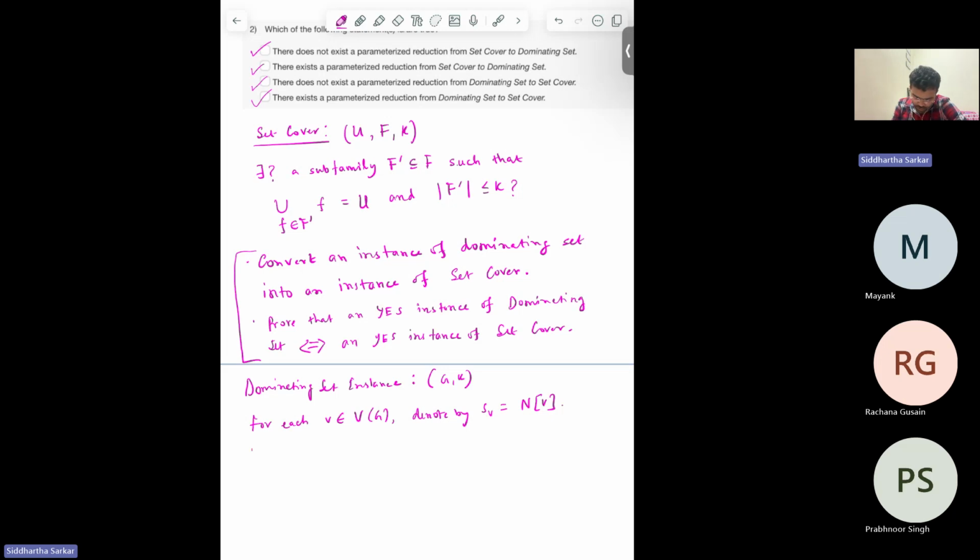And the universe for the set cover instance should simply be the vertex set. The family of the set cover instance consists of these S_v's, or I'll just say F_v. By F_v I denote the subset of vertices which are the neighbors of the vertex v along with the vertex v itself.